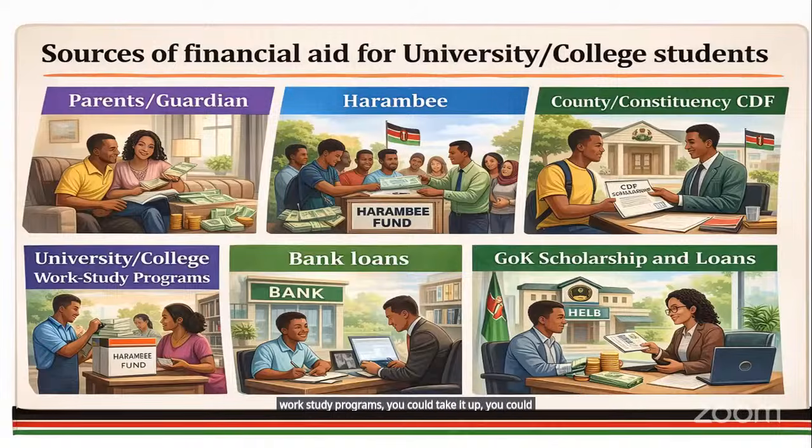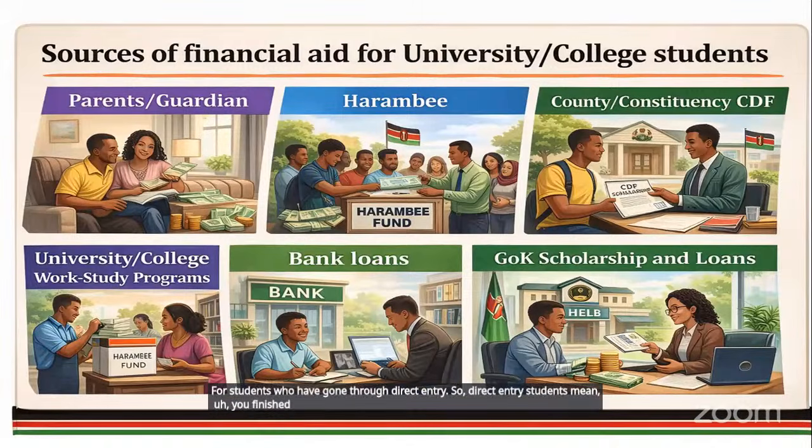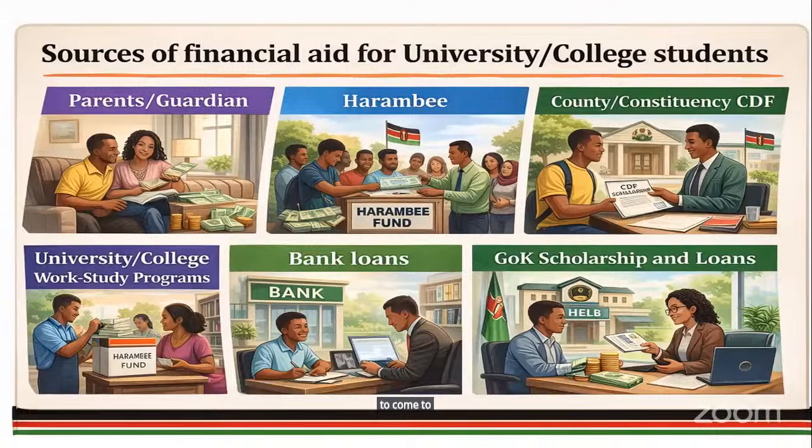You could take a bank loan, but now HELB and the university fund come in, with government scholarships and loans for students who have gone through direct entry. Direct entry students means you finished Form 4 last year, and this year you have been placed to come to Open University, and then the government scholarships are going to find you.